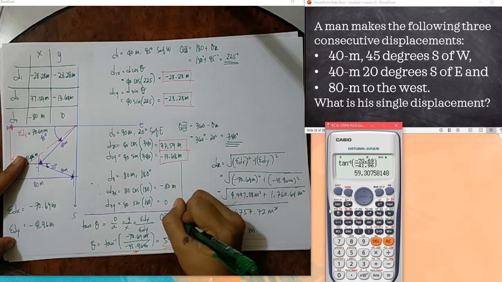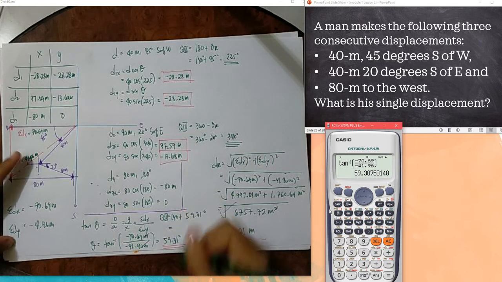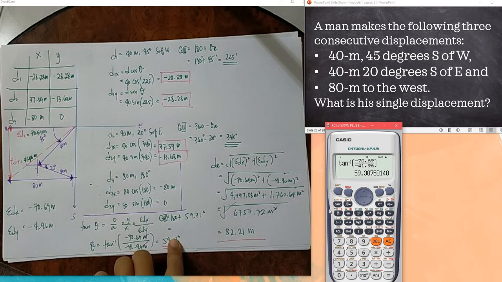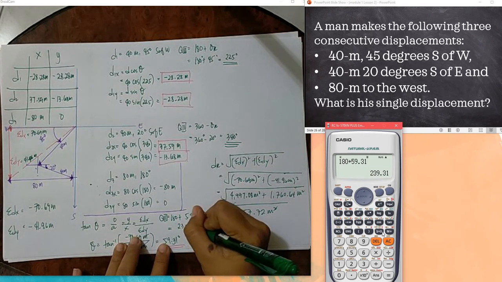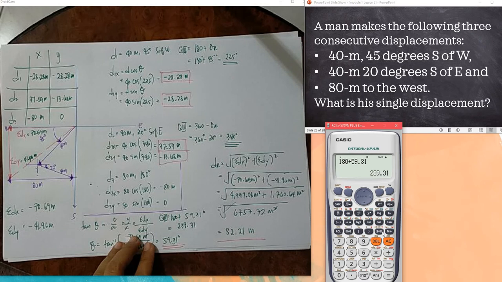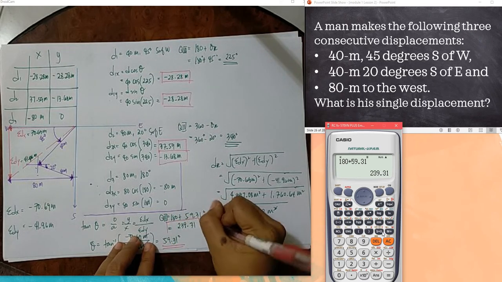Third quadrant. What would be our final angle? 180 plus 59.31 is 239.31. This is now our final angle.